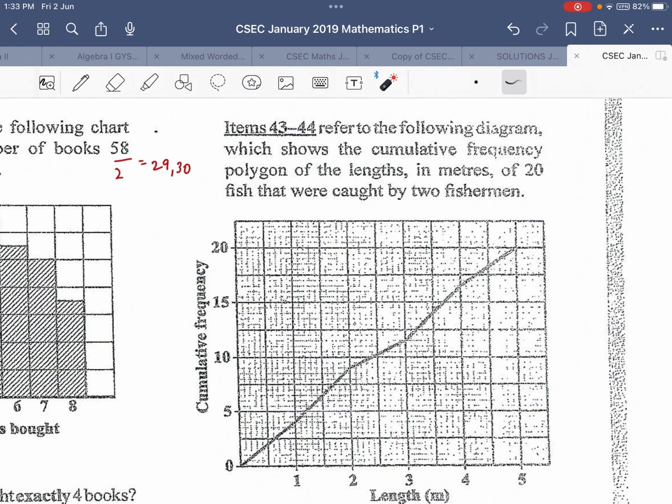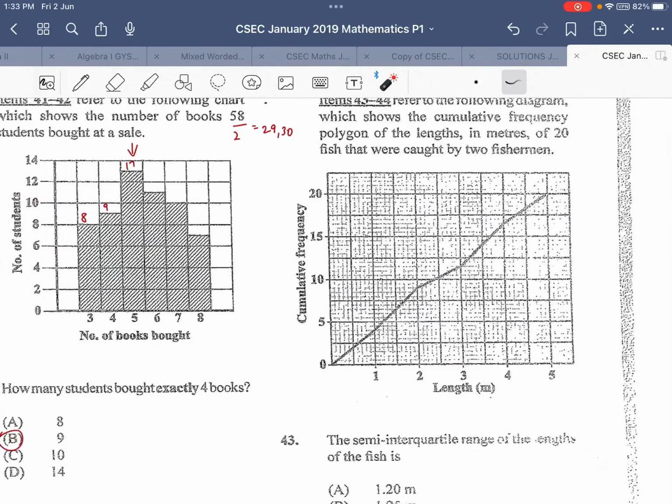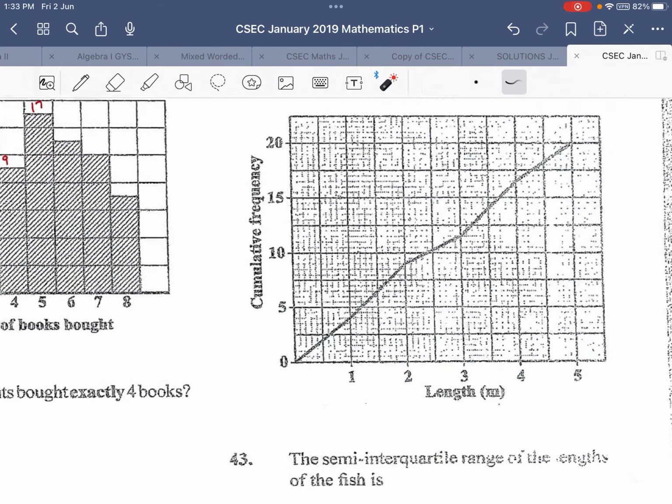Items 43 to 44 refer to the following diagram, which shows the cumulative frequency polygon of the lengths in meters of 20 fish that were caught by 2 fishermen. The semi-interquartile range of the length of the fish is this. Okay, so the interquartile range would be the 3rd quartile minus the first quartile.